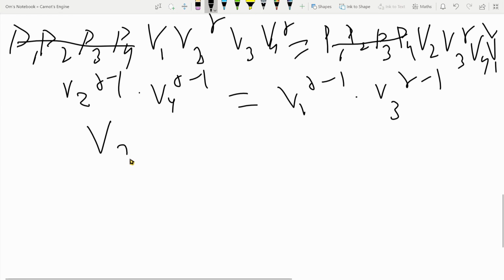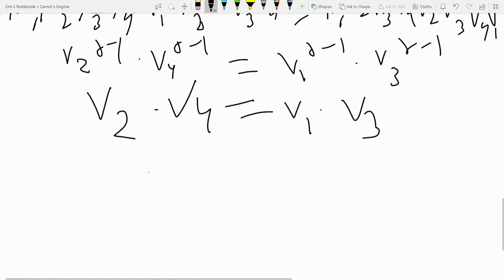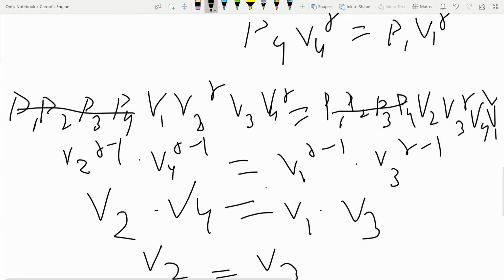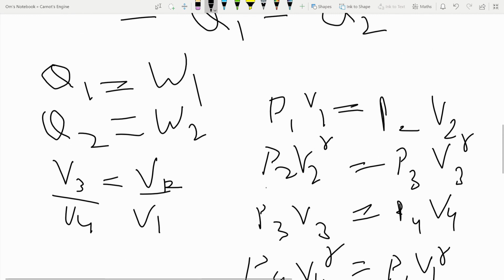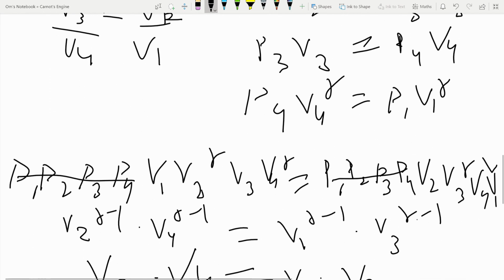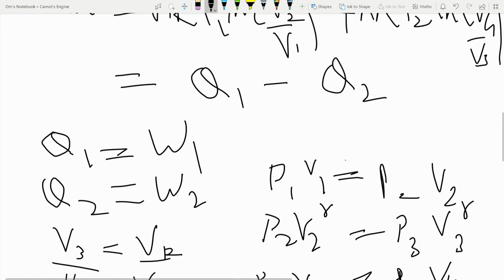So what you'll end up with is V2 V4 is equal to V1 V3, and I'll just bring it to the other side, you'll get V2 by V1 is equal to V3 by V4. Now this was not complicated, all you had to do was multiply all of these things, but it was tedious to look at.